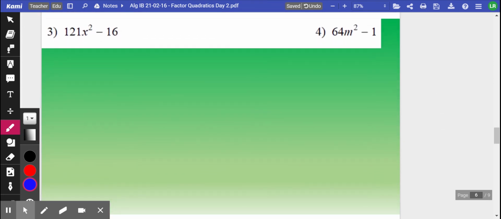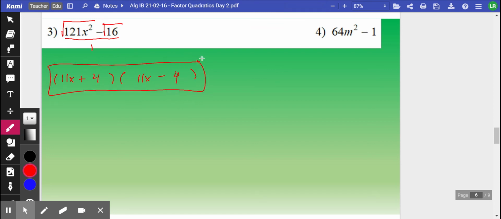So for number 3 here, always check. Anything to divide out? No. 1, it's done. And this is difference of squares. Remember, one of them is plus, one of them is minus, and you square root these. Square root of 121x squared is 11x. Square root of 16 is 4. There we are.